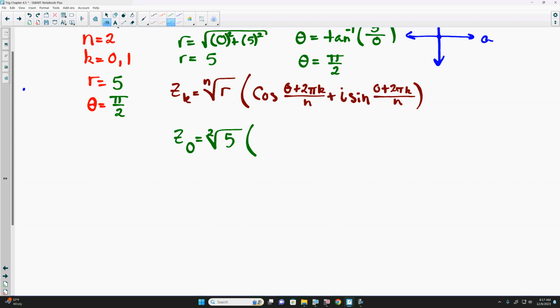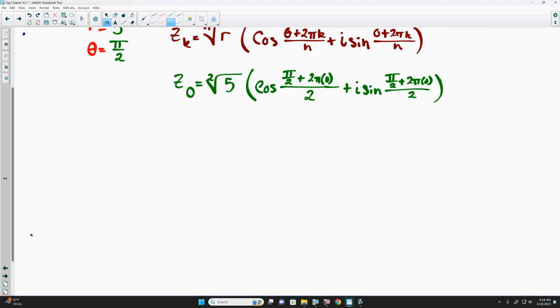Inside the parentheses is cosine of our angle that we found, pi over 2, plus 2 pi times our k value, which in this case is 0, divided by n, well, n in our case is 2, plus i sine. Well, we're going to have the exact same thing: pi over 2 plus 2 pi times 0 over 2. We're ready to simplify this down.